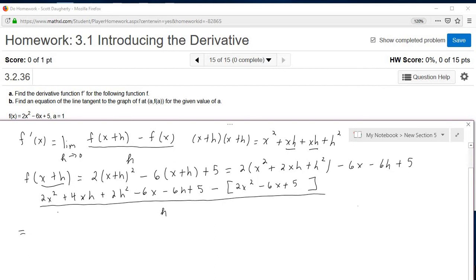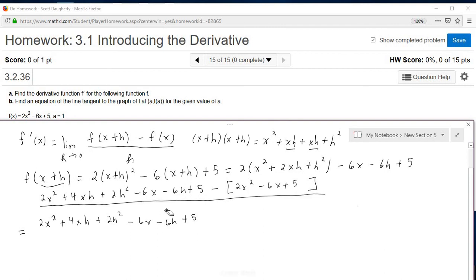So then I'm just going to clean this up. We have to distribute this minus sign. So let me just rewrite all that down: 2x squared plus 4xh plus 2h squared minus 6x minus 6h plus 5.